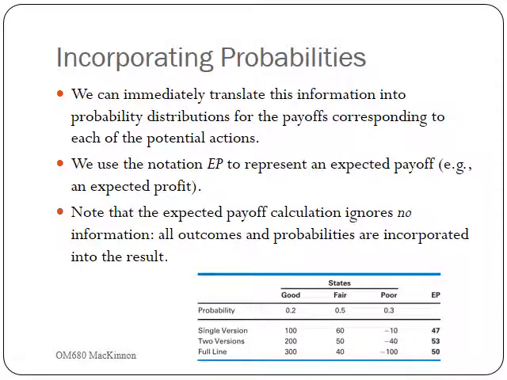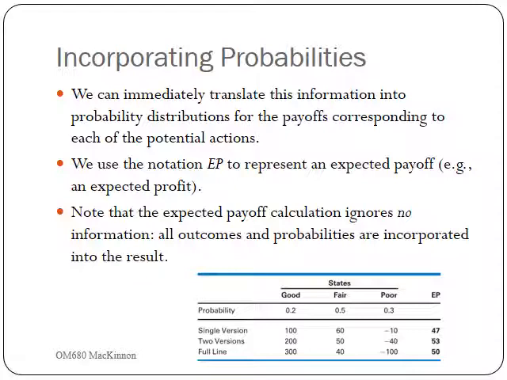Now, the problem with the previous examples is it basically just takes a guess at the states, in this case the market, and ignores the other. So you choose one column basically and you ignore the others.